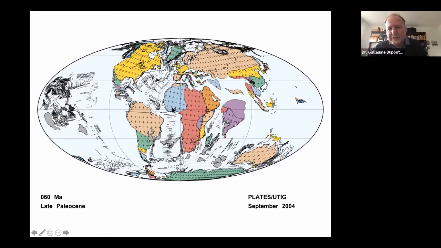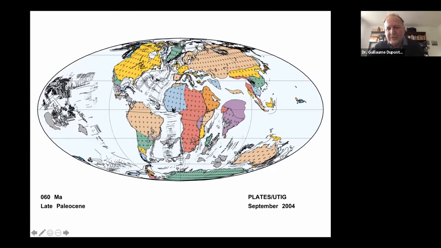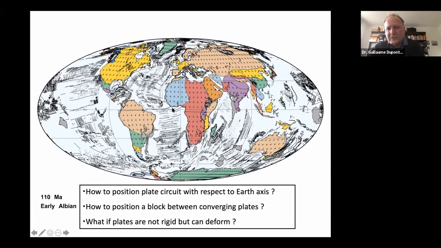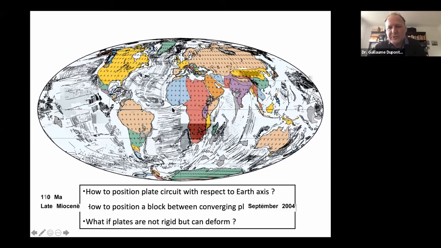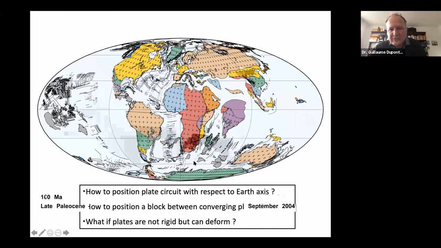If you look at India, for example, it used to be a very big plate, but when it collides with Asia, part of it will subduct, part of it will be deformed. So plates can actually deform, and this will be the basis for the rest of the class.